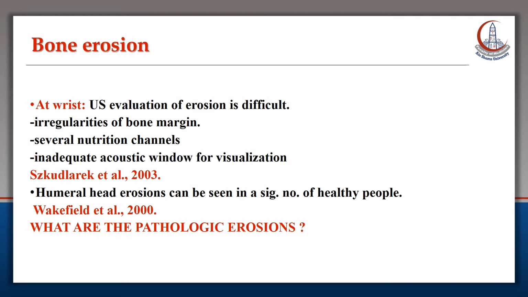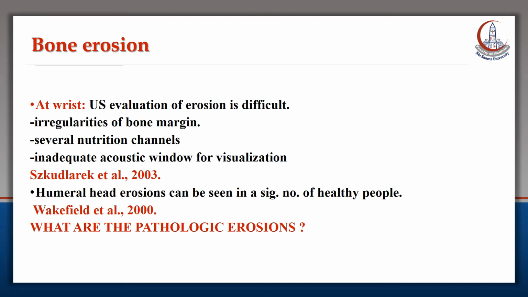Now, what is the problem with bone erosion? The problem is here. At rest, ultrasound evaluation of bone erosion is difficult because of irregularities of bone margin, several nutrient channels, and inadequate acoustic window for visualization, as stated by Szkudlarek et al. in 2003.